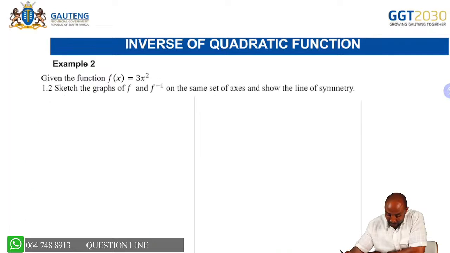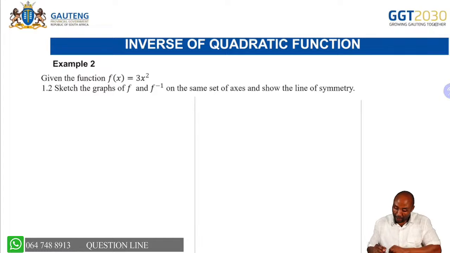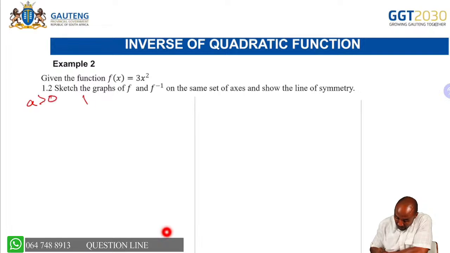We're supposed to do the sketch. For us to do the sketch, remember we said our f of x is equal to 3x squared. Our a is greater than 0, meaning the shape of our graph will be concave up.